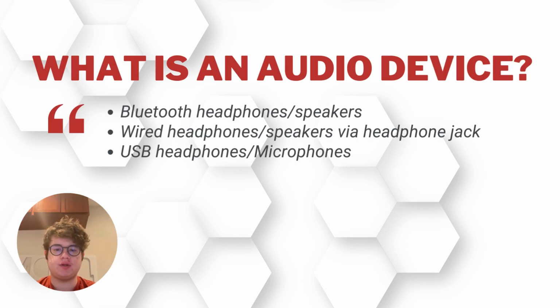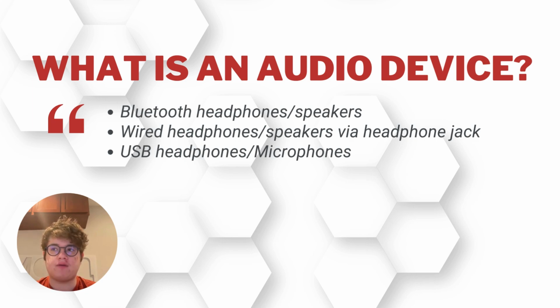All right, so an audio device, like I said before, is essentially a way of playing audio out of your computer. For example, if you have a USB headphone plugged in and a wired headphone, each of those in and of itself is a separate audio device that you can then manage in your computer.